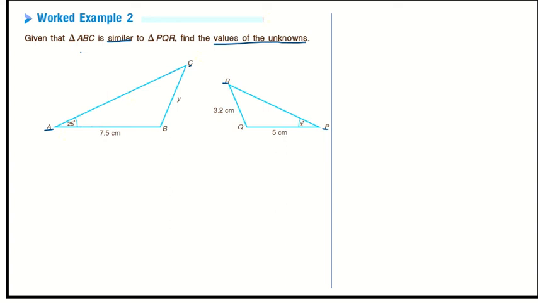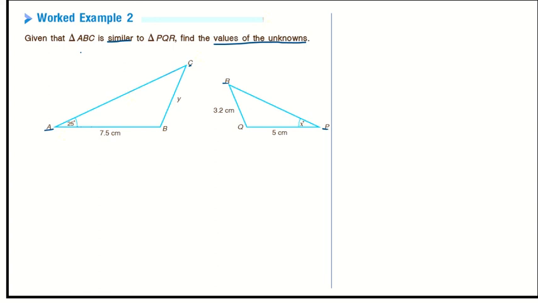So this means that AC corresponds with PR. Then AB is the second longest and QP is the second longest. So AB corresponds with QP, and of course BC corresponds with QR.